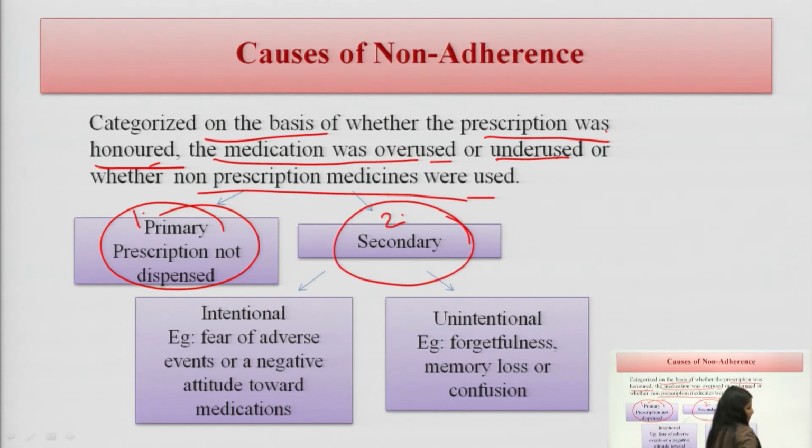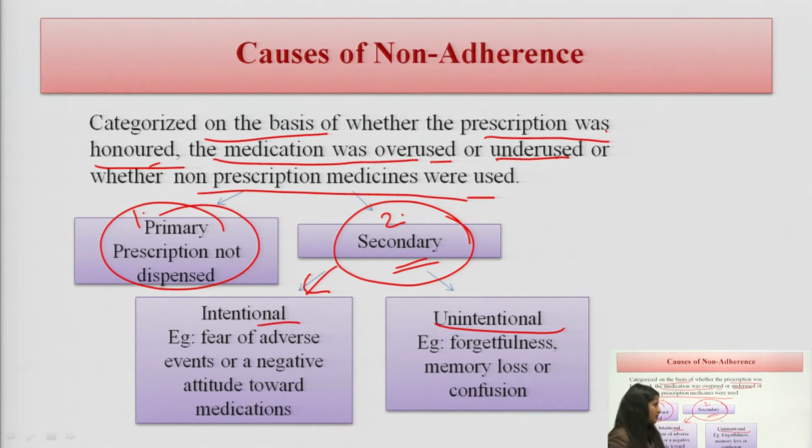What happens in the primary reasons? We can see when the prescriptions are not dispensed as they are prescribed. This is the primary reason. Secondary reason could be intentional or unintentional. Intentional means the patient knows very well that the patient is not following the prescription.